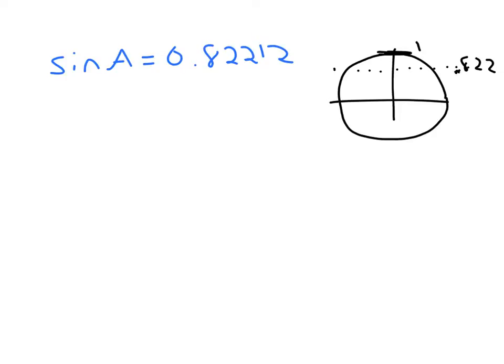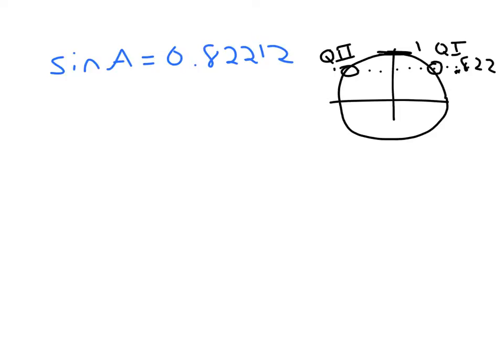You get two solutions: one solution in quadrant 1, and another solution in quadrant 2. So it's possible that there are two triangles. There are two different angle A's that might help us build a triangle with the specifications that we were given.